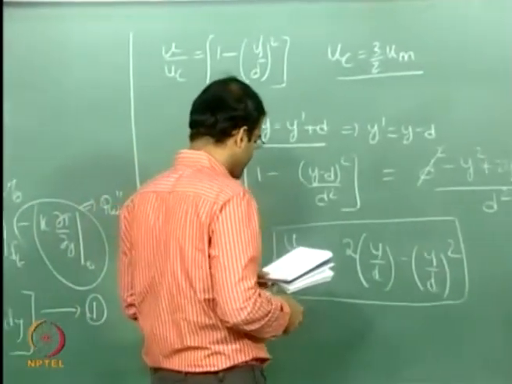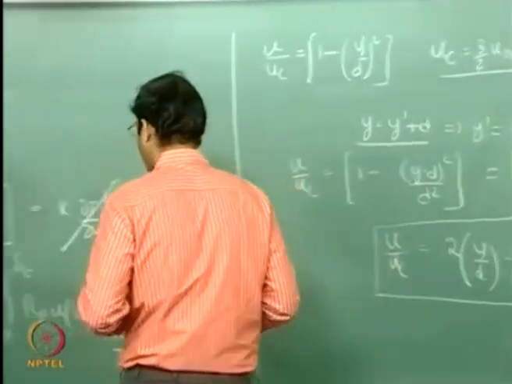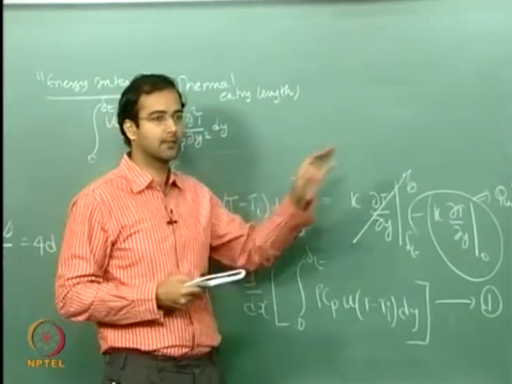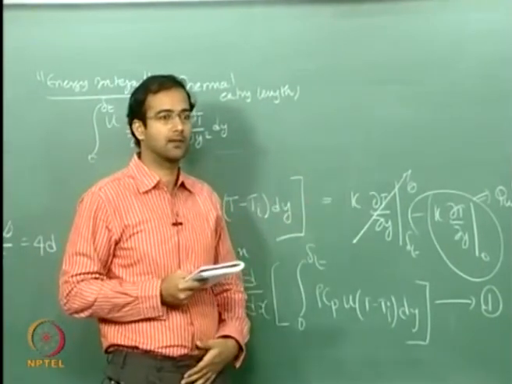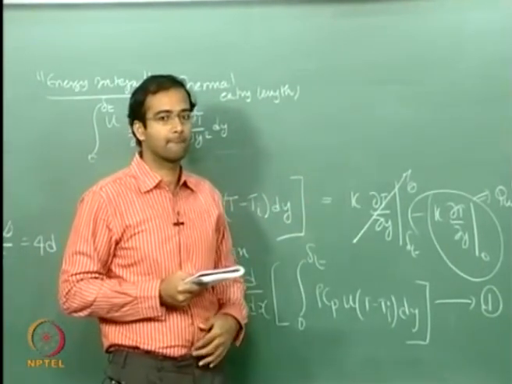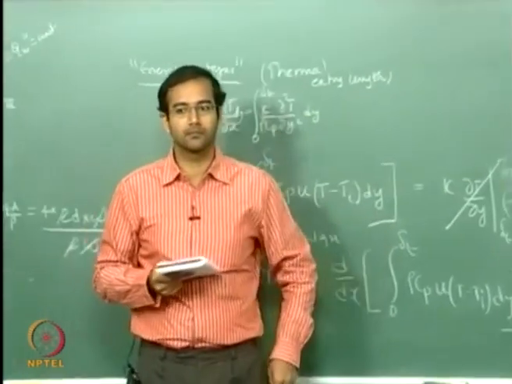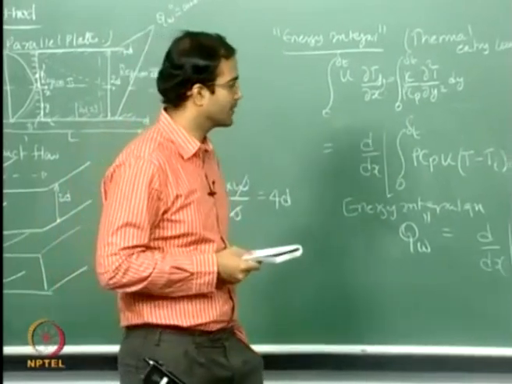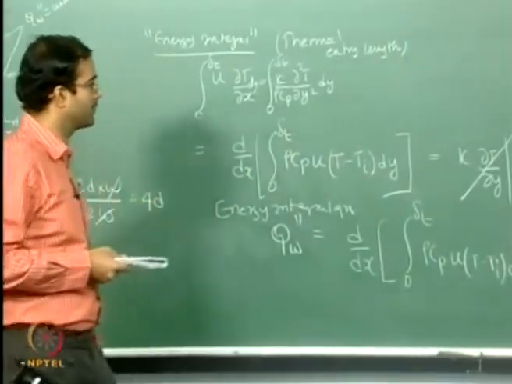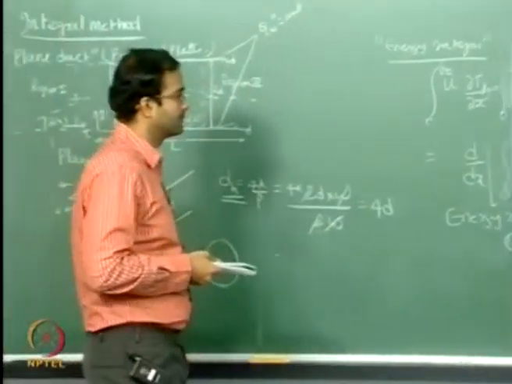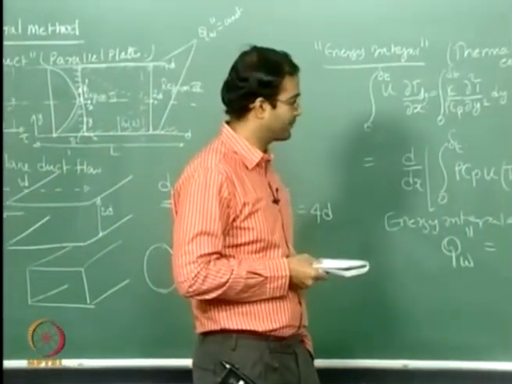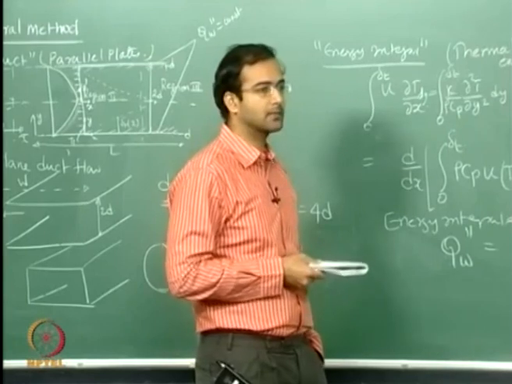So now once we know the velocity profile, what else? We have taken the exact analytical solution for velocity profile. So what do we do next? So still we have not done anything approximate here, right?